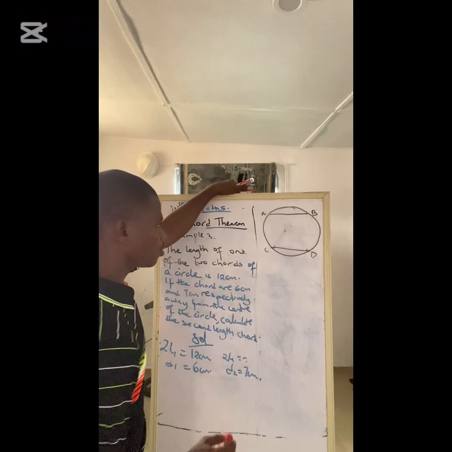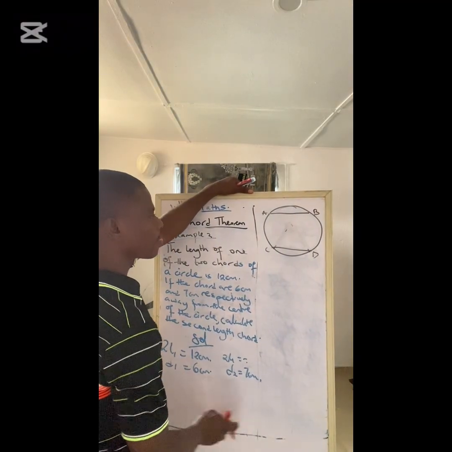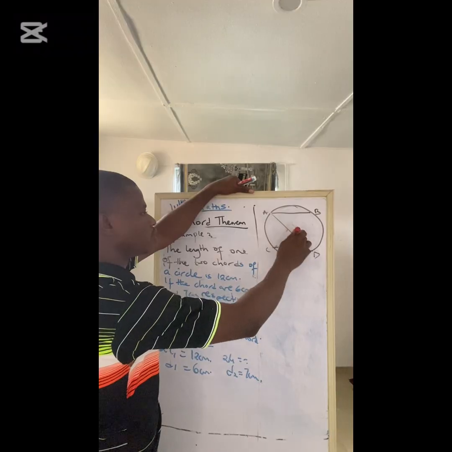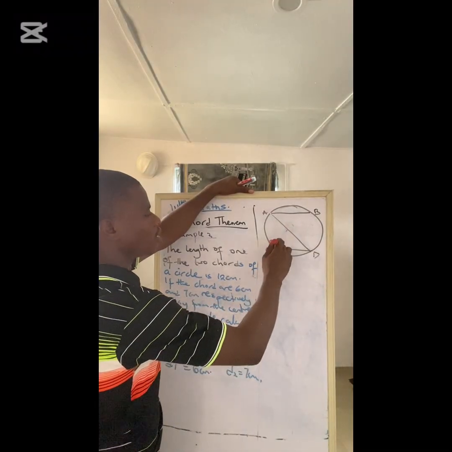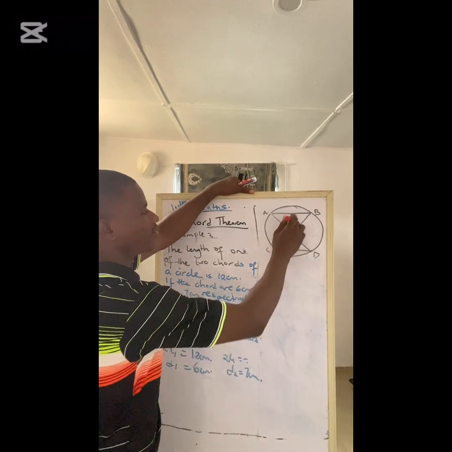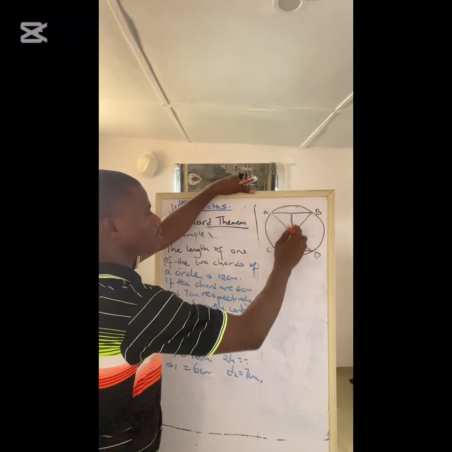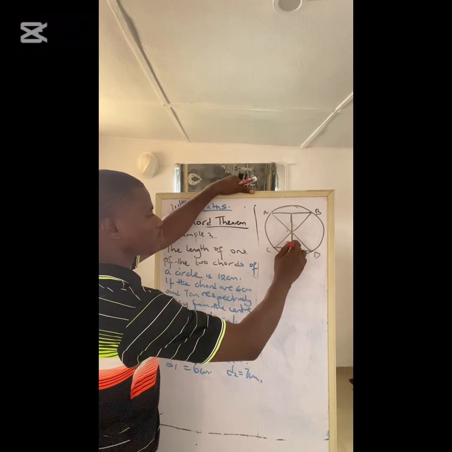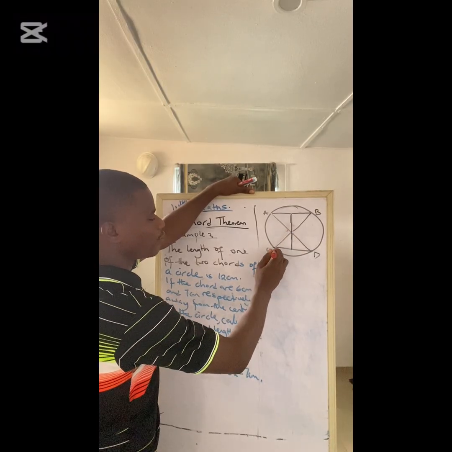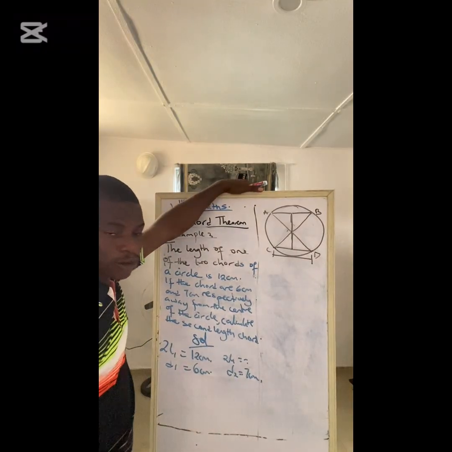So I can see now, if you're having the two chords, the distance between them is this way. The distance here, between the two chords, we don't know. The length of the first one, you can make any one the first one in exams.